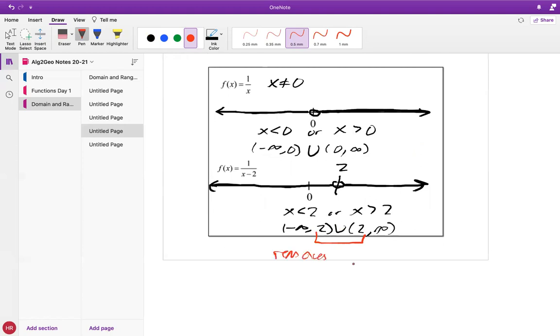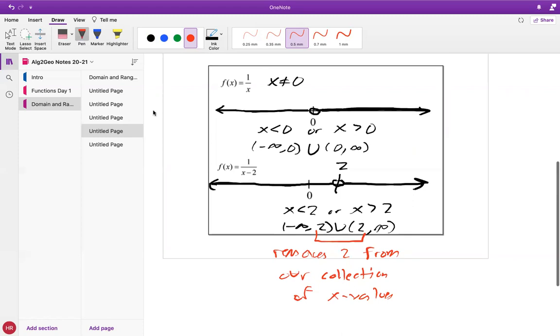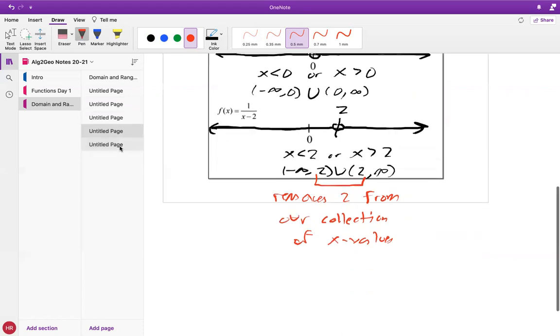This removes 2 from our collection of x values. I'm going to rewrite the word "from" because it looks like a 2-year-old wrote it. Try that again. Removes 2 from our collection of x values. So that's how we get rid of a value if we don't want it.